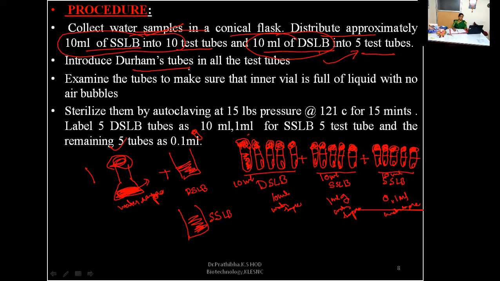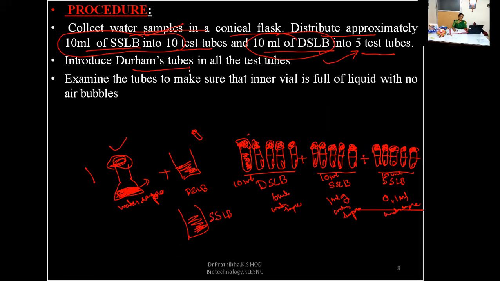So where we left off, the Durham tube we already introduced and we have put the cotton. Once we put the cotton, these test tubes are ready for sterilization. Next, examine the tubes to make sure the inner vial, the Durham tube, is full of liquid with no air bubbles.